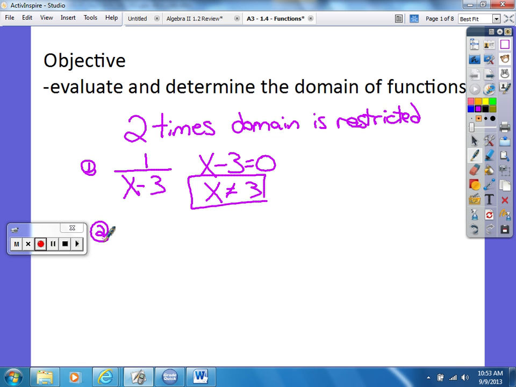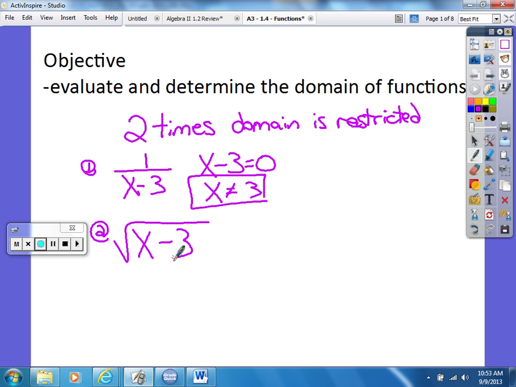The second time, now we'll go back to Sparta. Sparta, what were you saying about on the last one? Okay. But here, we're actually saying you can't have negative under a square root. So no negatives under a square root. So what kind of numbers are you allowed under there? Positive and what?